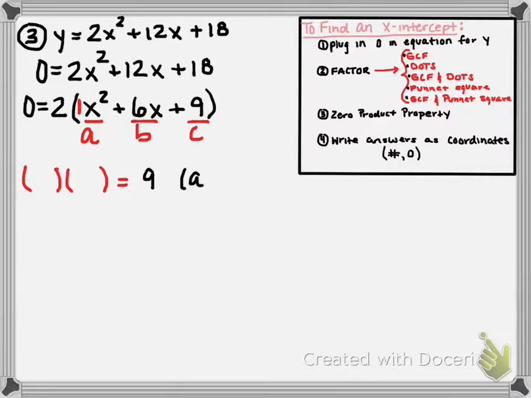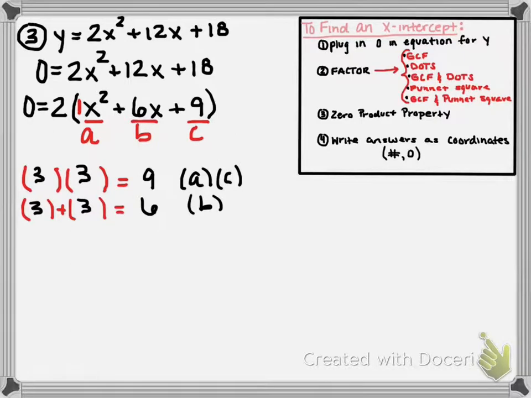And remember, that's just your A times C. And then I want to find those same 2 numbers that add to B, which in this case is the number 6. So take a moment, think about those numbers. In this case, it's pretty simple. 3 times 3 multiplies to 9, and 3 plus 3 adds to 6.